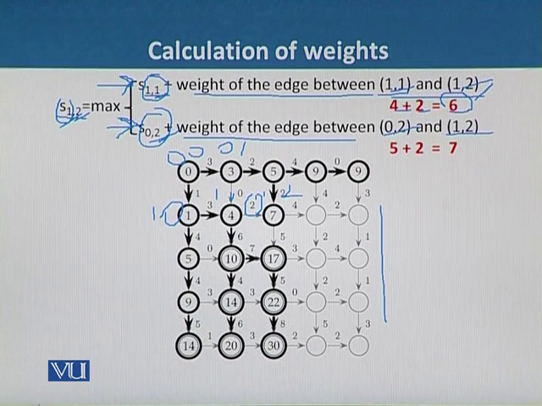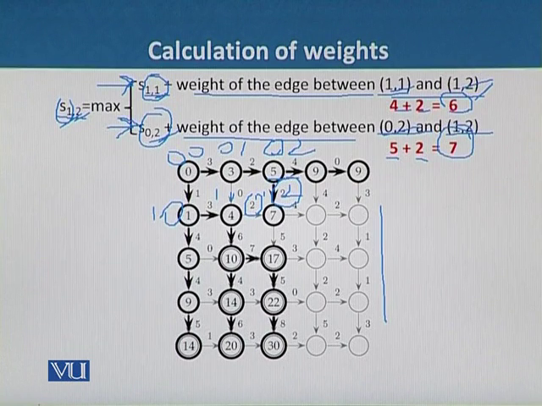Similarly, we'll consider 0, 2 and 1, 2. So 0, 2 is this position that has the value of 5. So we will write here 5, and again the same 1, 2 has the value of 2, and we will add 2 to the 5, and the weight of 0, 2 and 1, 2 will be 7.